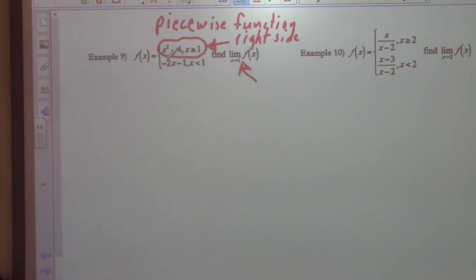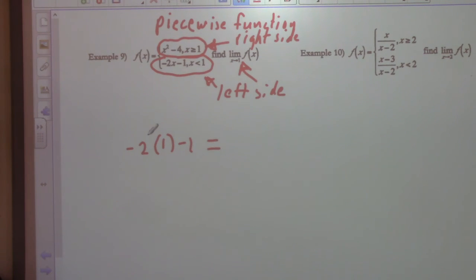And what is this bottom one going to be? Left side. So if we plug in 1, we put in our left side limit: negative 2 times 1 minus 1.